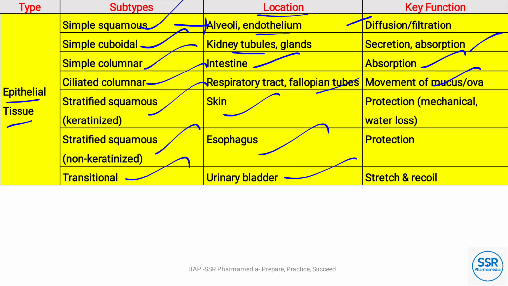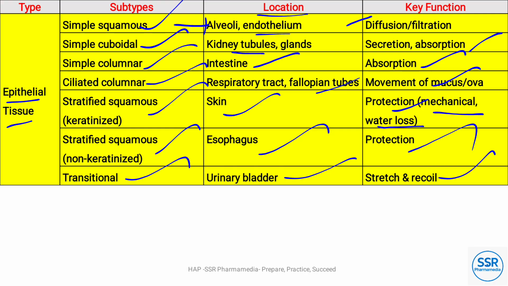Keratinized stratified squamous: protection against mechanical injury and water loss. Non-keratinized stratified squamous: protection. Transitional epithelial tissue: stretch and recoil.